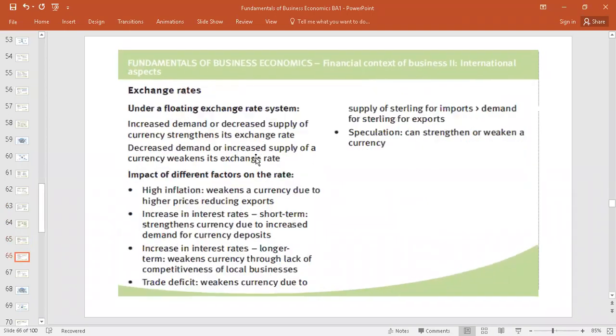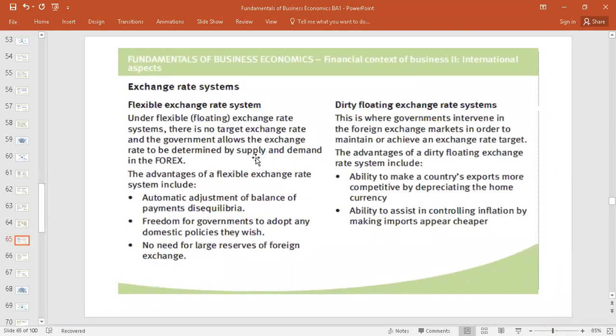The dirty floating exchange rate has the ability to make a country's exports more competitive by depreciating the home currency. Then also it assists in controlling inflation.